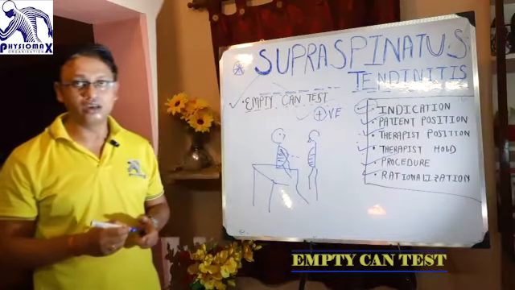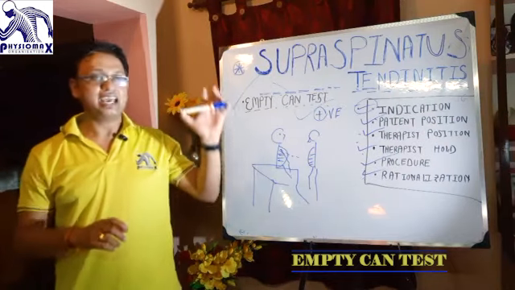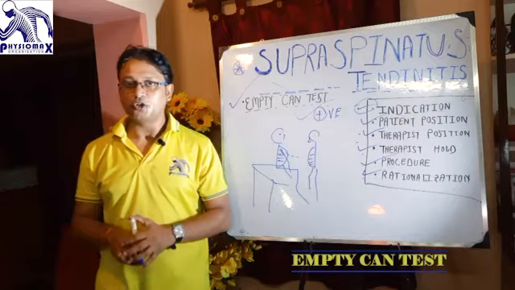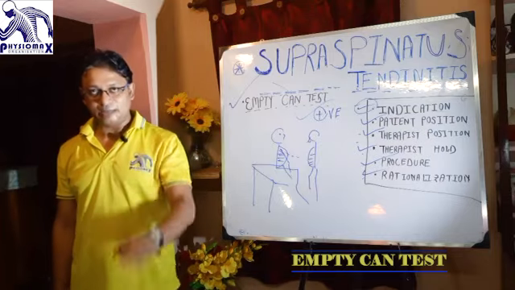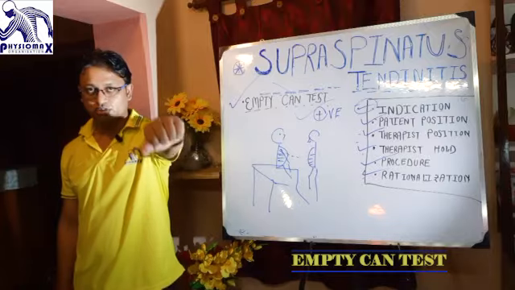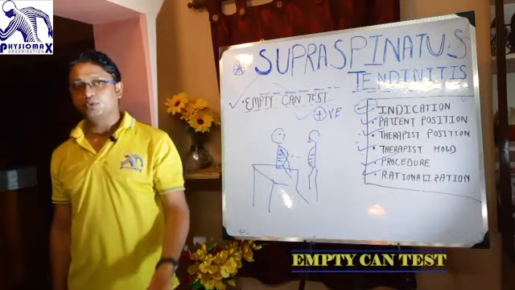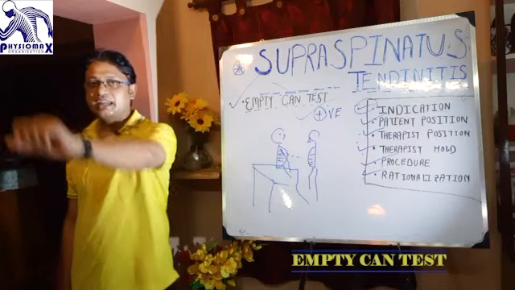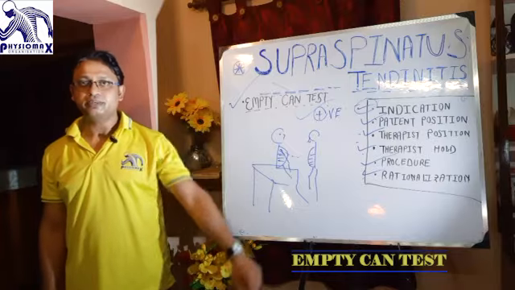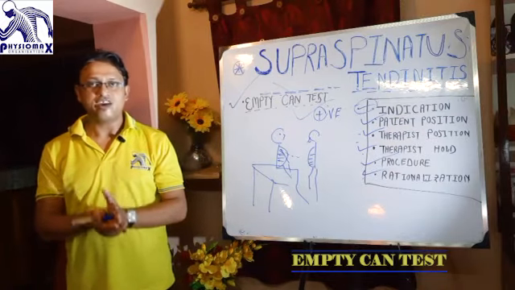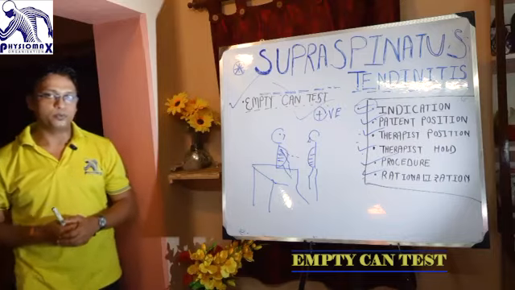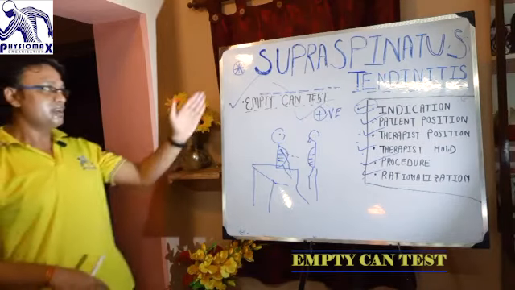That is the reason whoever performs this empty can test needs to be in exactly the position of horizontal abduction. If you make a mistake keeping the hand in a flexion position, or in an abduction position, then the test will give a false negative report. So that's all about the empty can test.